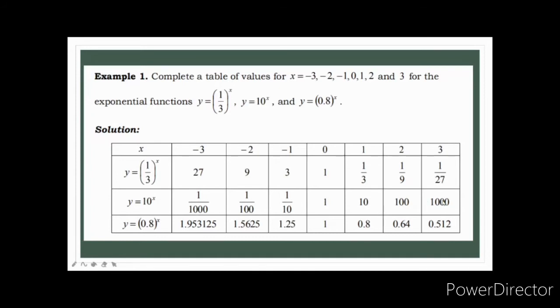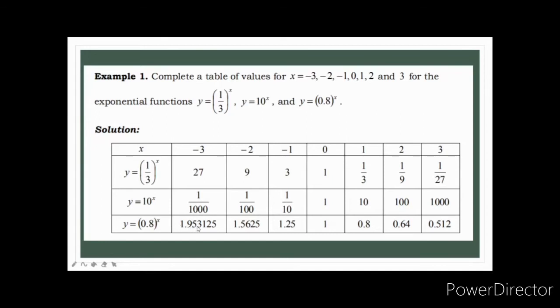Now let's proceed to solution number 3, our exponential function y equals 0.8 raised to x. We are going to substitute the x, which is our exponent, with the given values of x. The first value is negative 3. So 0.8 raised to negative 3 is equivalent to 1.953125.